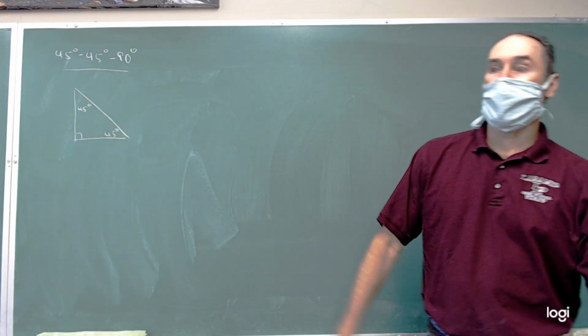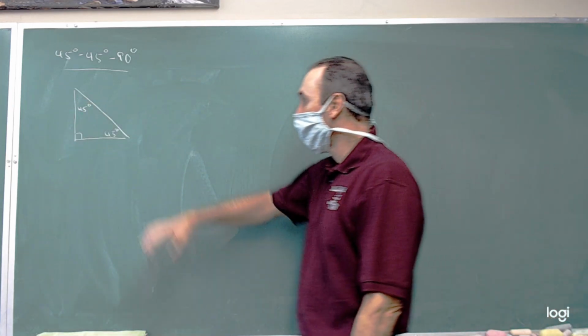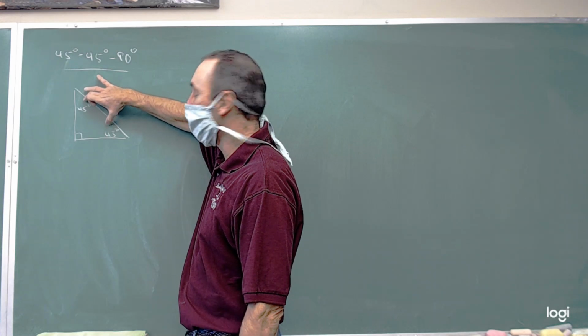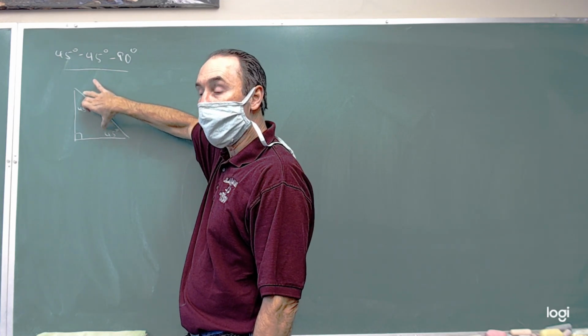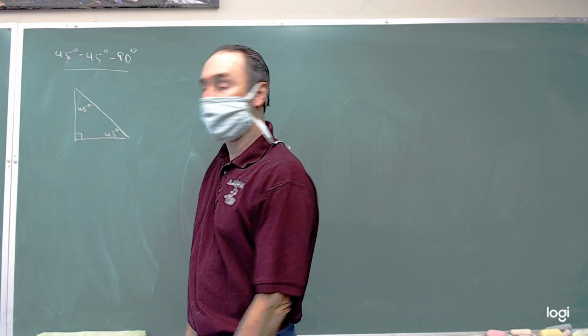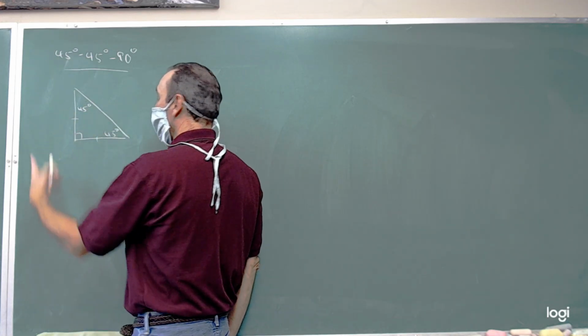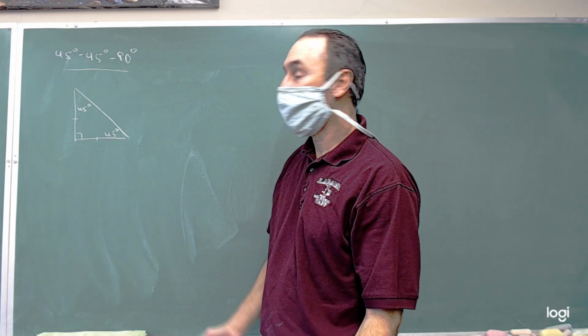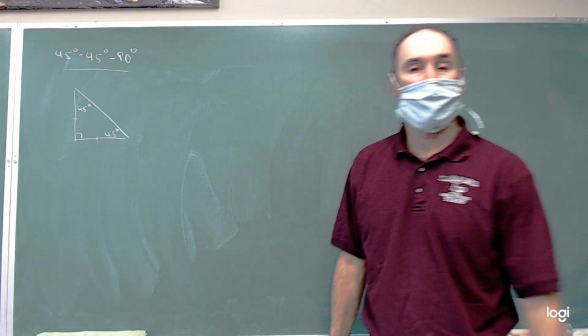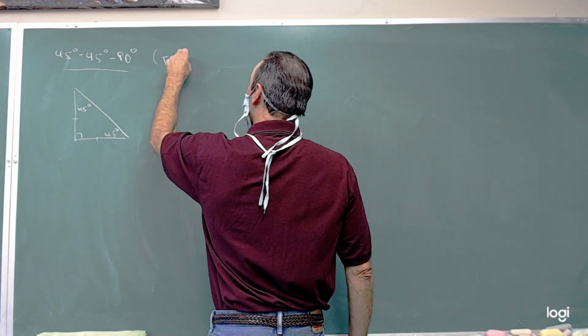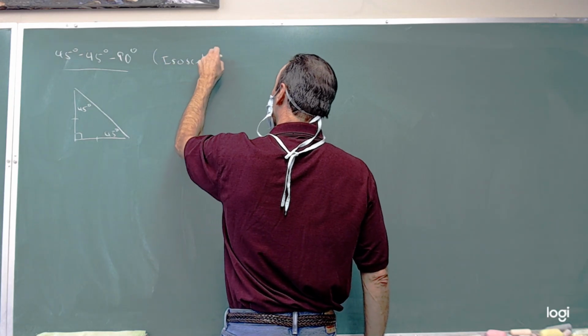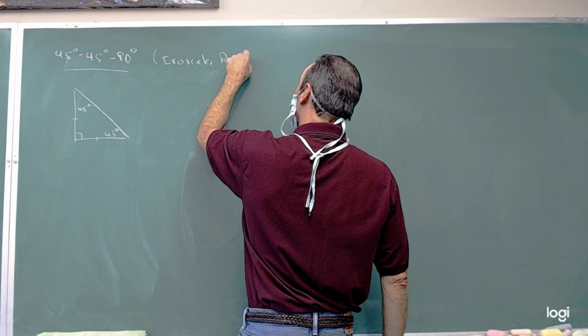From your geometry days, you remember that if two angles of a triangle are congruent, then the sides opposite are congruent as well. So a 45, 45, 90 is also known as, what do you call a triangle where two sides are congruent? Nice, you guys are good. So this is also known as an isosceles right triangle.